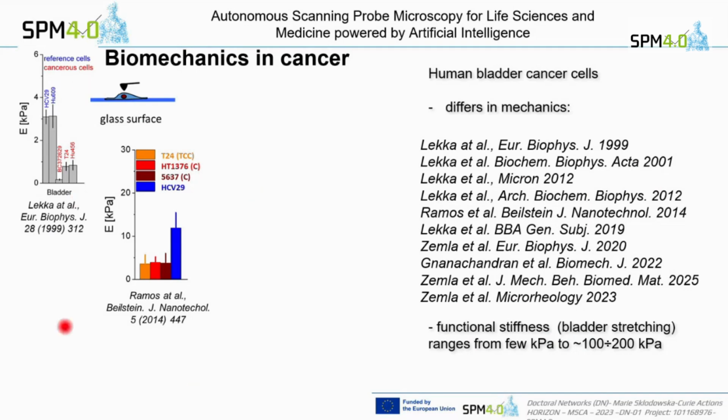So coming back to the beginning, for bladder cancer cells, it's been shown that normal cells have higher values of the apparent Young's modulus than cancerous cells, but we cannot distinguish between cancer cells of different grades.